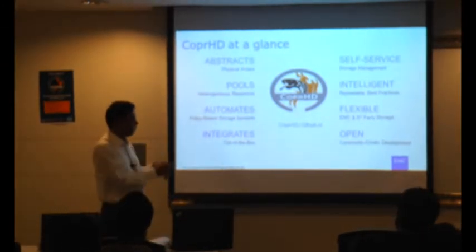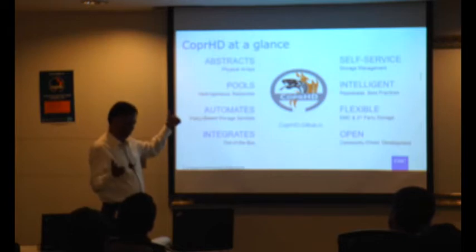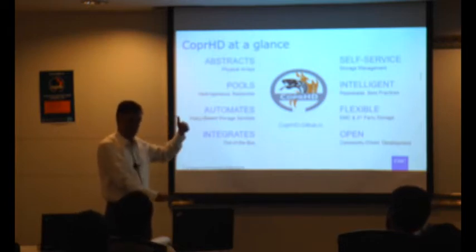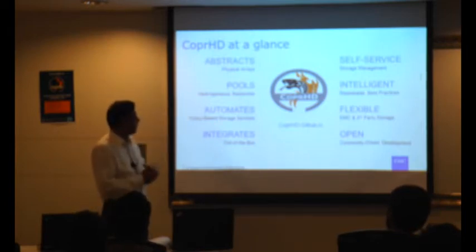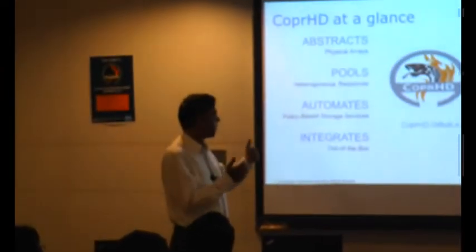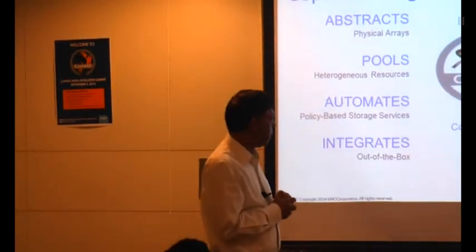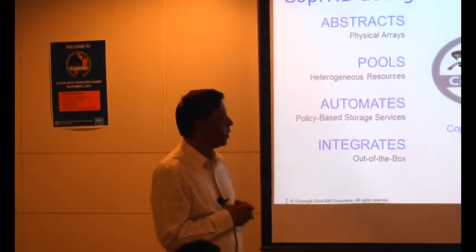So in CoprHD, we abstract virtual arrays, which are mapped to physical arrays, and then we pool the storage resources, which are called storage pools. Here we will call them virtual pools.